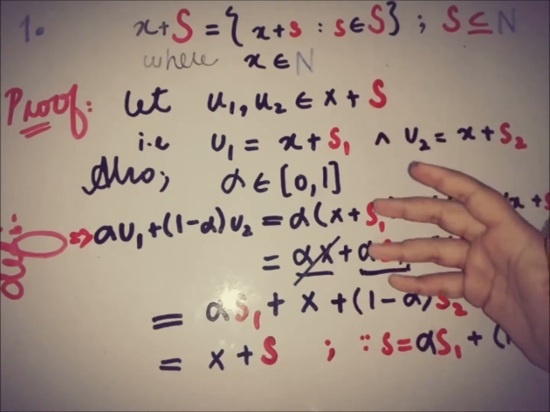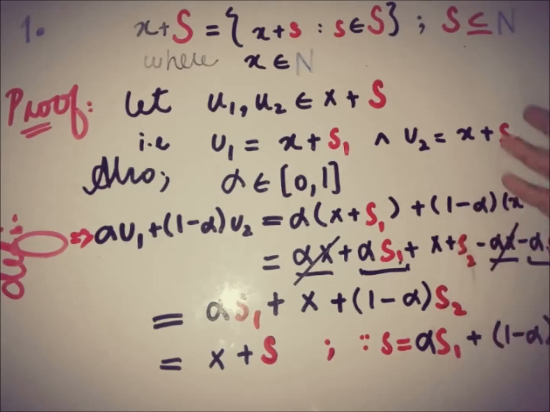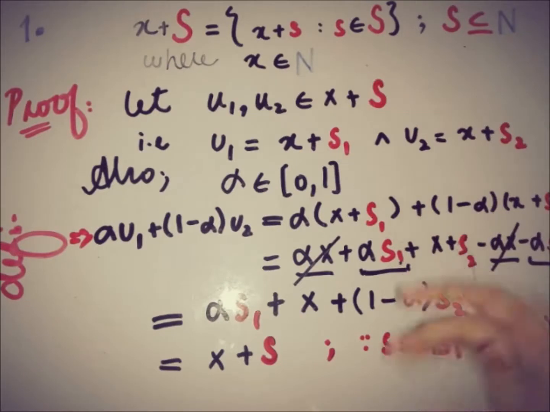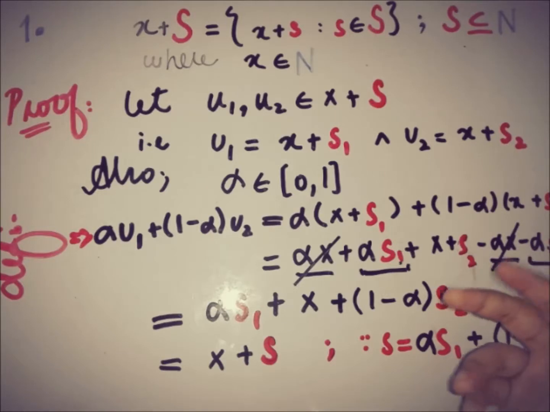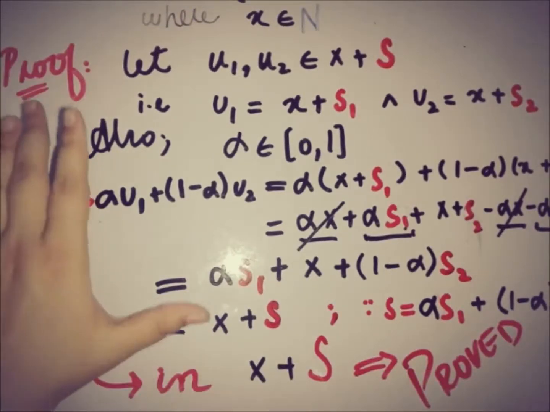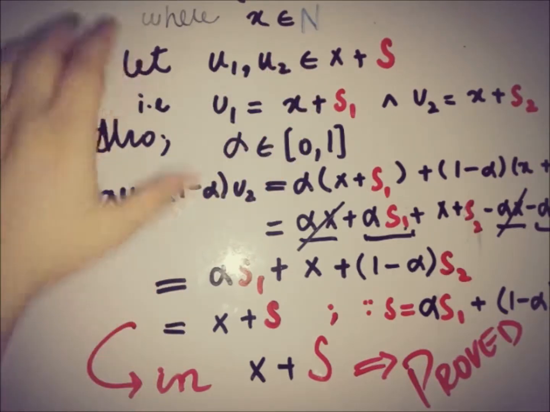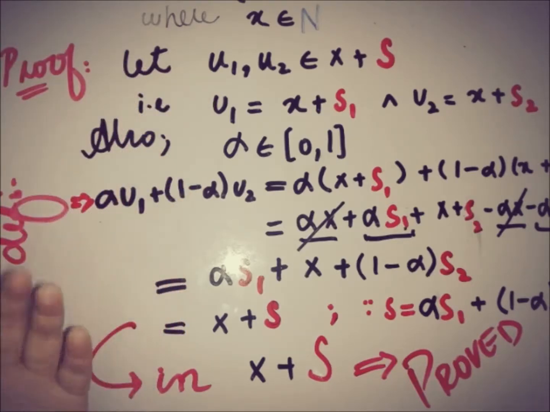We can say that for any subspace of that linear space, this set is a convex set for every X taken from that linear space. So we have proved that for any subspace S of that linear space, this type of set, where X is taken from that linear space, is always convex. So now moving toward another example.